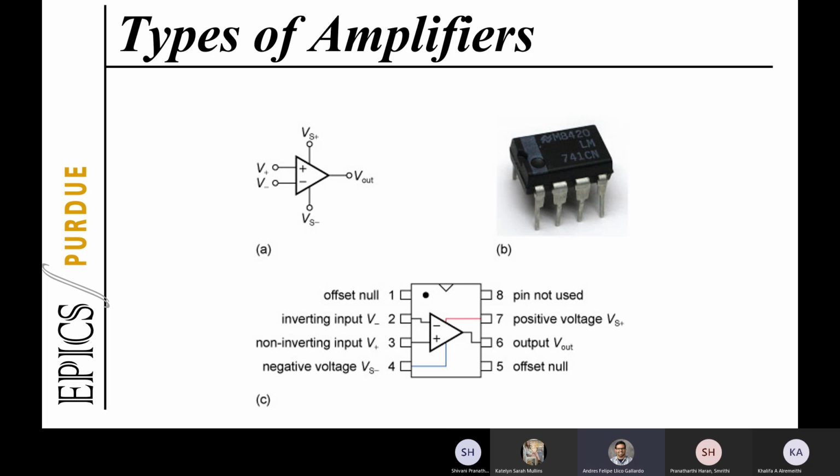This power source can be the power supply in the lab bench, or it can be, for example, a 9-volt battery, or even your Arduino, depending on how much current you're going to be using.